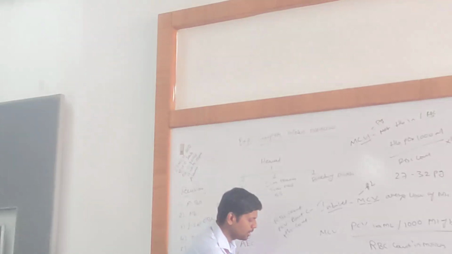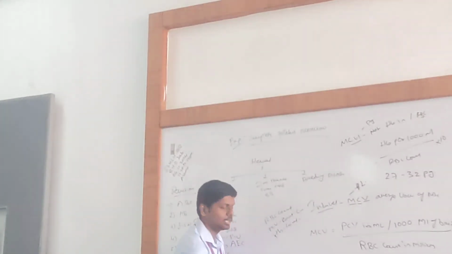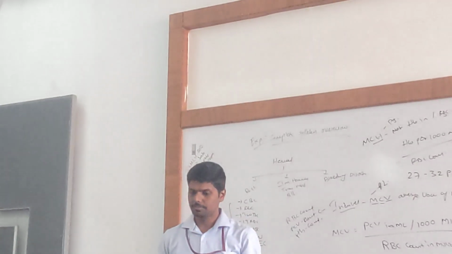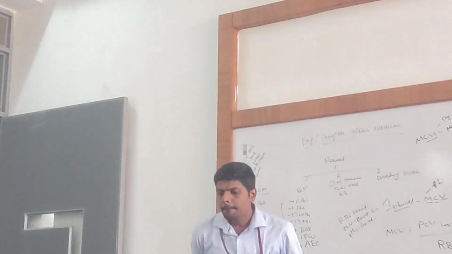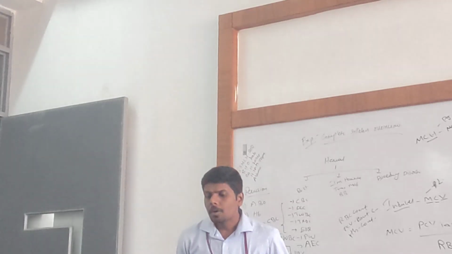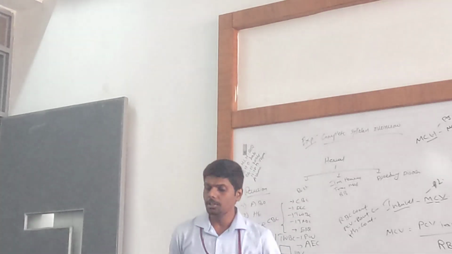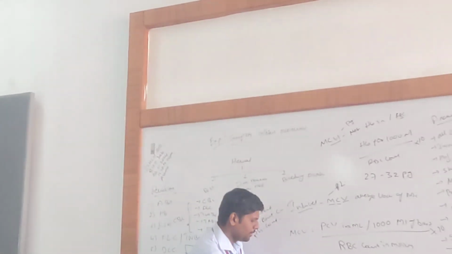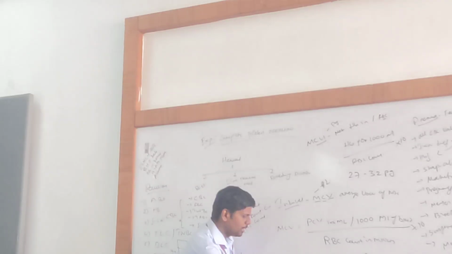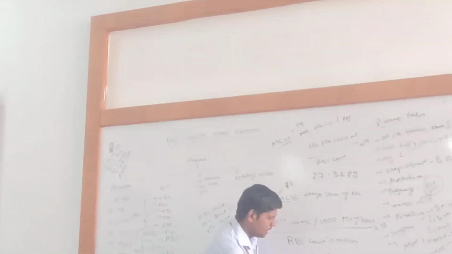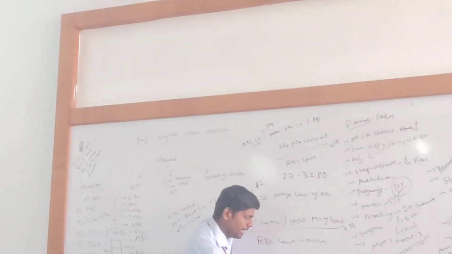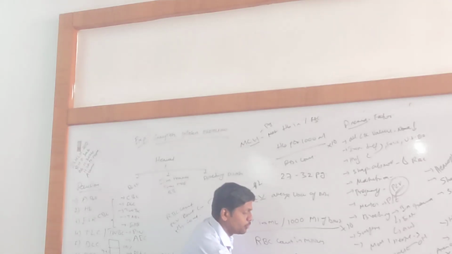Next one, mean corpuscular hemoglobin concentration. The third index is MCHC. Let us try to understand MCHC. It is also trying to measure HB in a single RBC, but in relation with its volume.